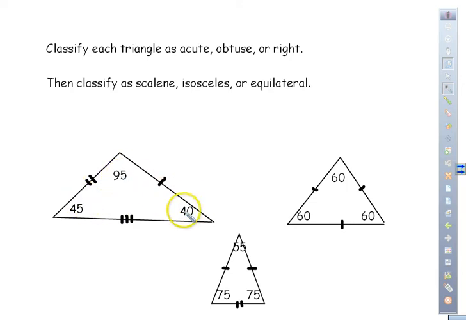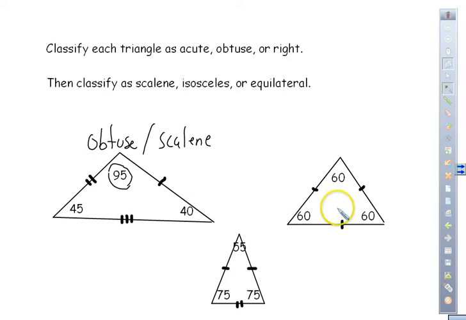The question is, are all of them less than 90 degrees? In this case, this is not less than 90. This is a 95-degree angle, and it is obtuse. Therefore, my answer is obtuse. Now, classifying it by its sides, we've got a 1, a 2, and a 3. None of them are the same, therefore it is scalene.